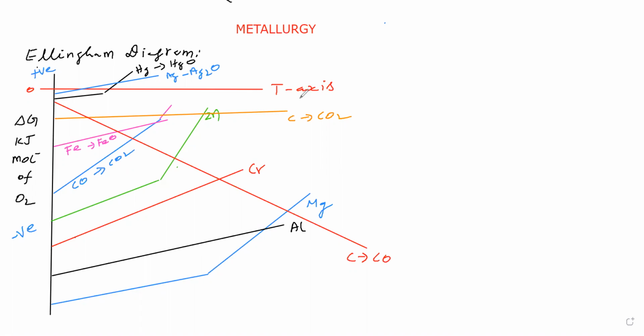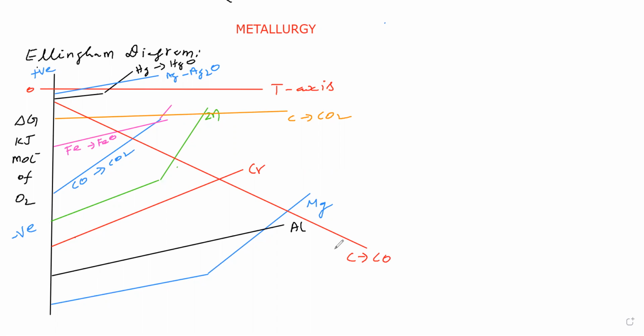Now in the Ellingham diagram, for mercury and silver, delta G becomes positive at lower temperature. Therefore, mercuric oxide and silver oxide decompose thermally to give mercury and silver. Here, carbon to carbon monoxide has a negative slope.